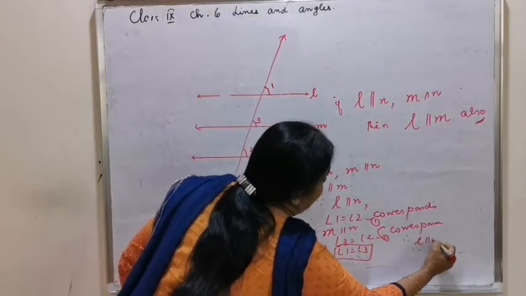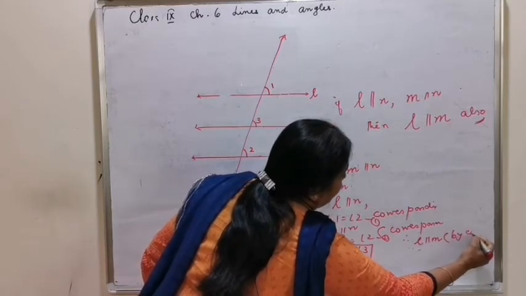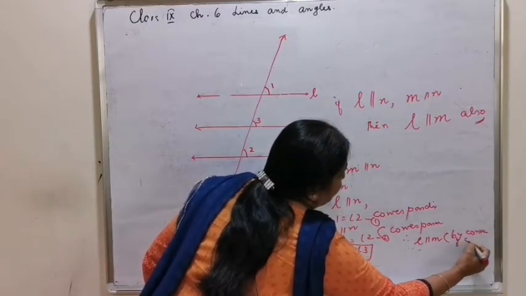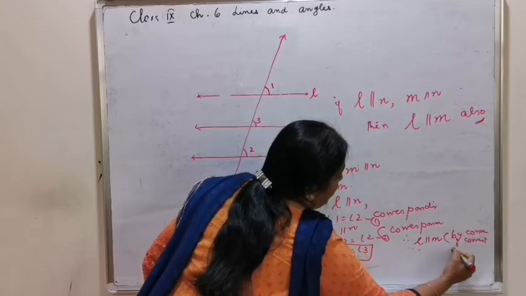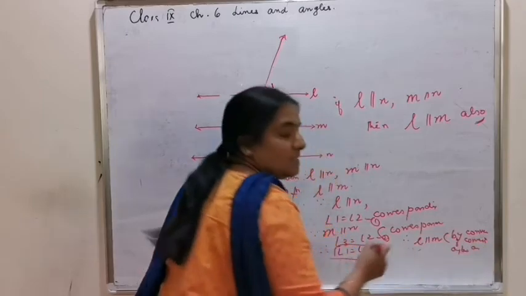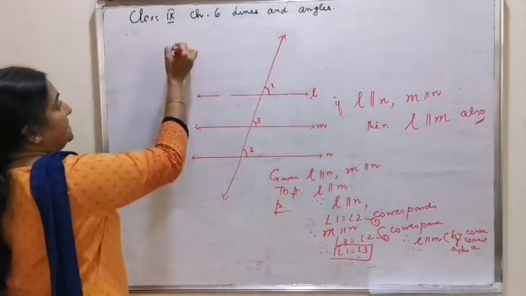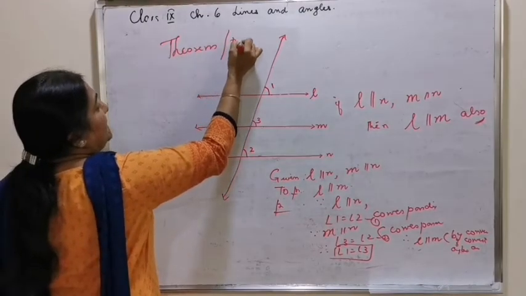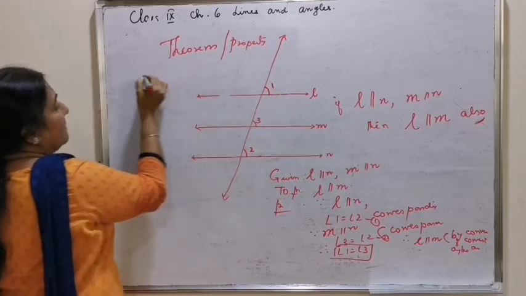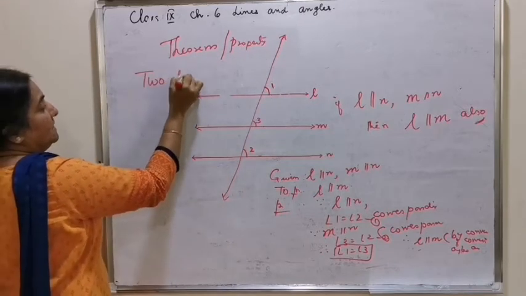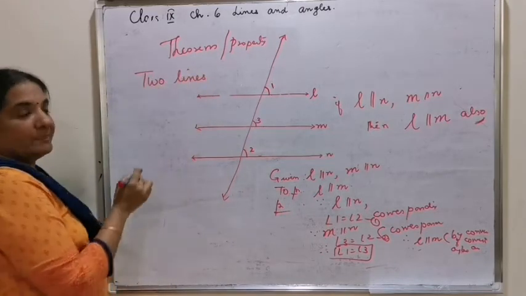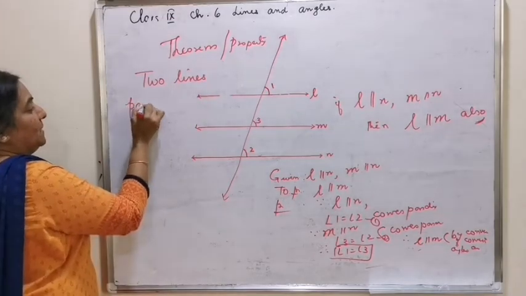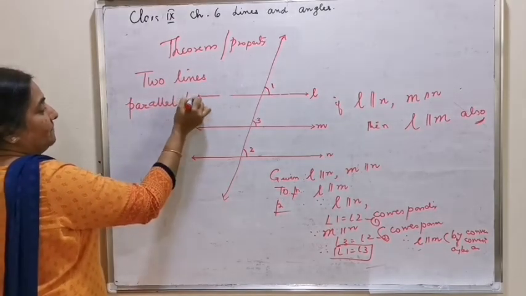Therefore, L parallel to M by converse of corresponding angles axiom. So, what is the important theorem or property is: two lines parallel to a given line.